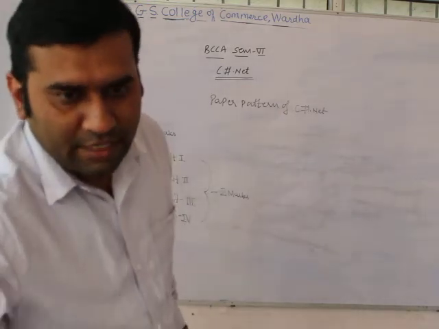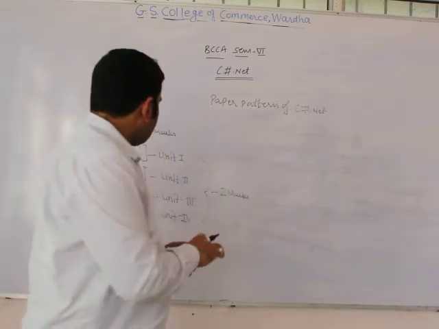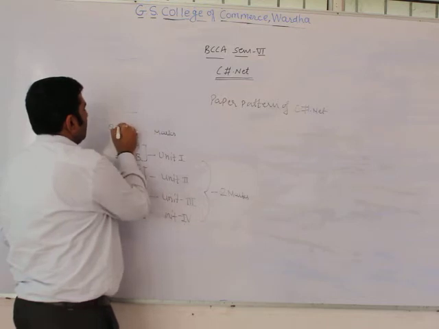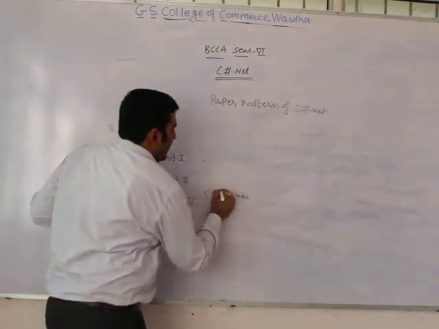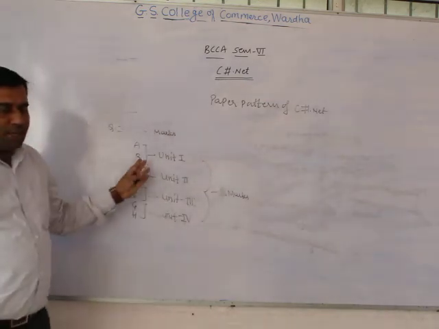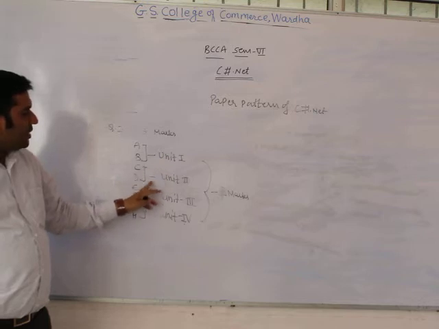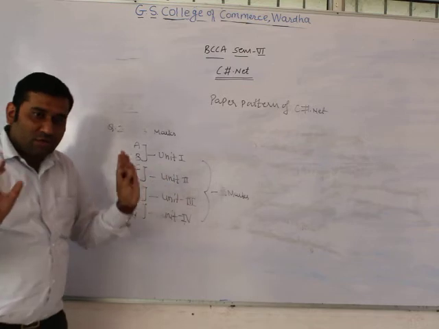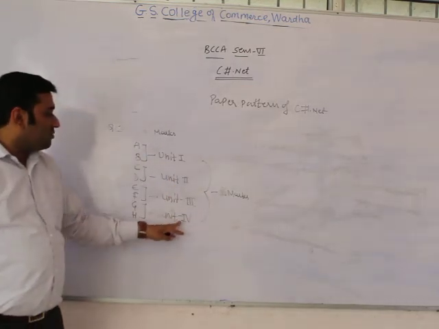Then the second question is a 3-mark question. It is the same: A and B are asked from unit 1, C and D from unit 2, E and F from unit 3, and G and H from unit 4.